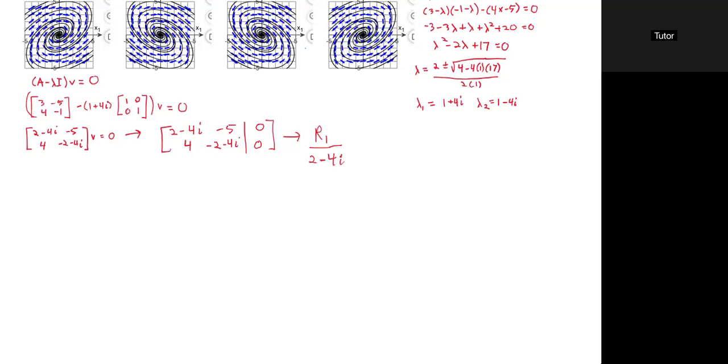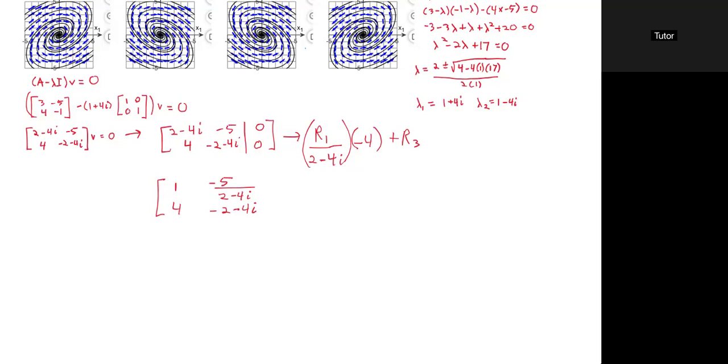After that we have 1, so after that we multiply row 1 by -4 and add it to row 3. So let's carry that out. So dividing row 1 by 2 minus 4i, we get 1, and -5 over 2 minus 4i, 4, -2 minus 4i.